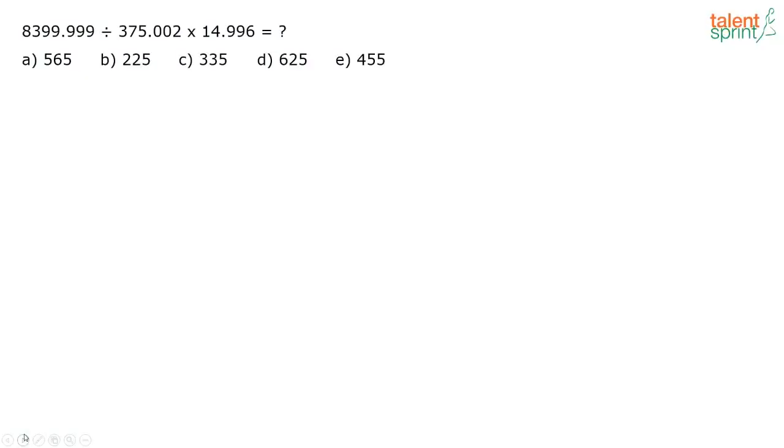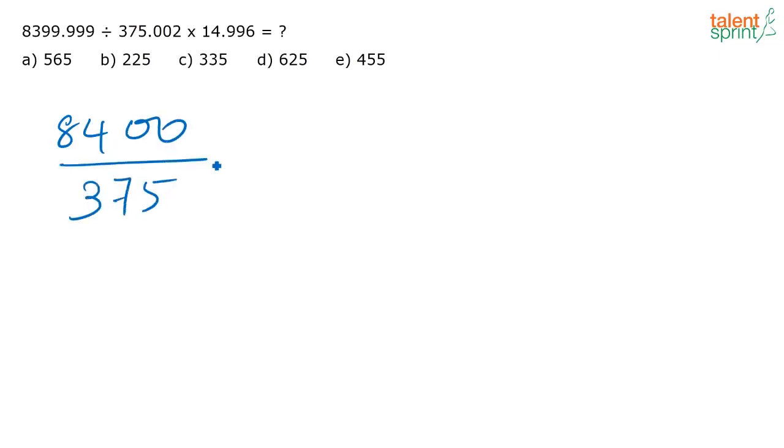Okay. Next question, same thing. What you should do here: 8399.999 divided by some value into some value. Answers are approximated, so approximate the question also and then get the answer. So you can write this as 8400 divided by 375 into 15. Now 15 will go in 375 directly, that is 25.